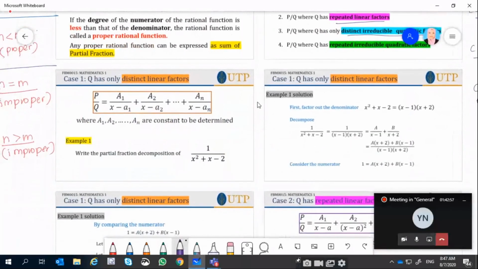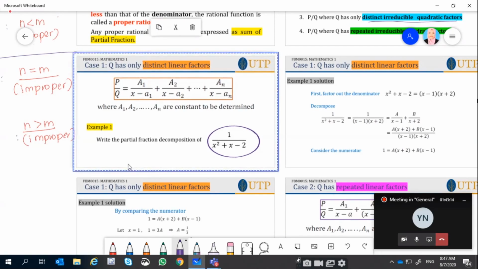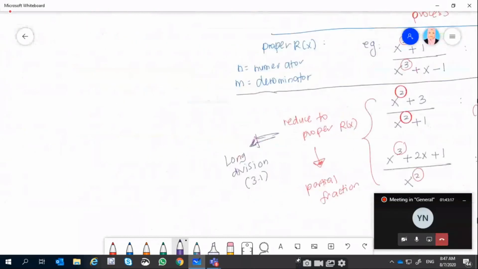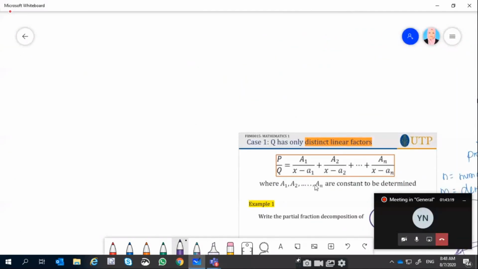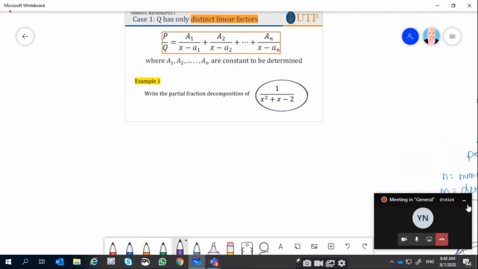Let's look at the first case here. The first case example given here is 1 over (s squared plus s minus 2). So the partial denominator will be (s minus 1) times (s plus 2), right?